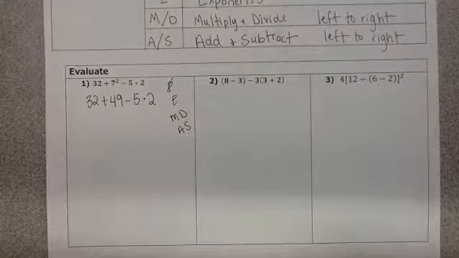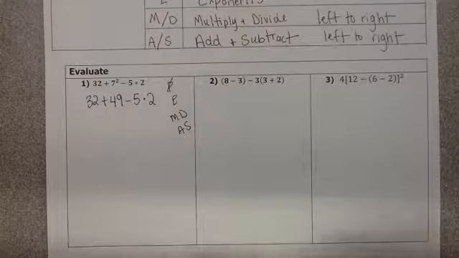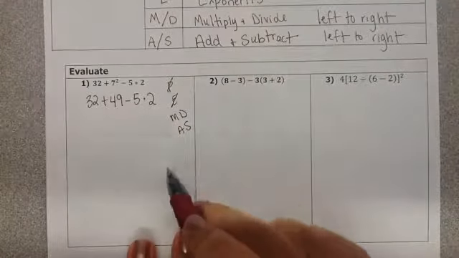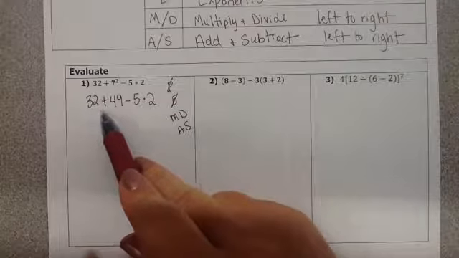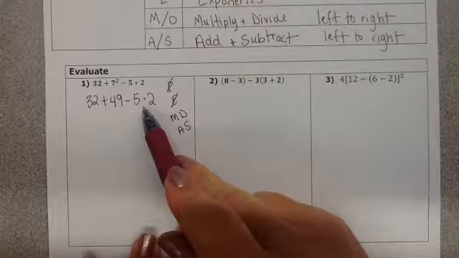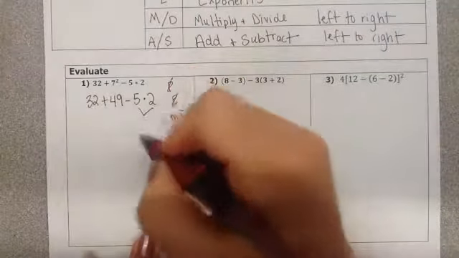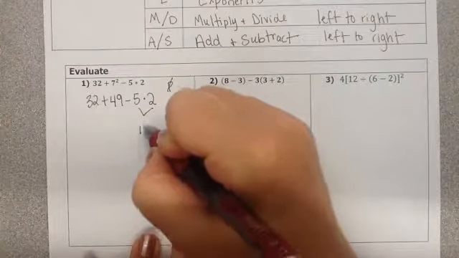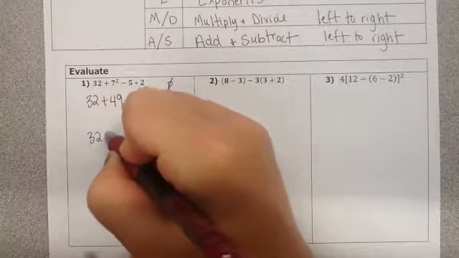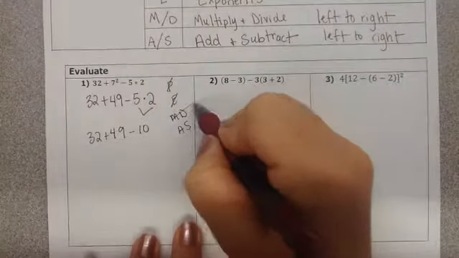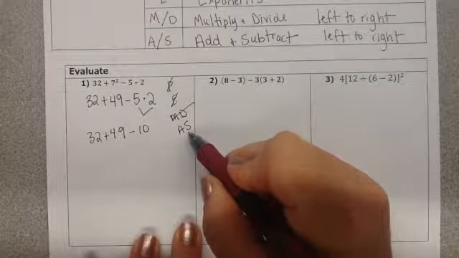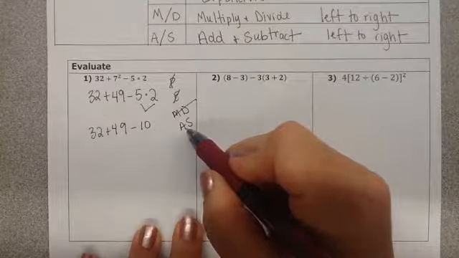I should see a lot of work. You should not be giving me just an answer. Multiply and divide, left to right. So start at the beginning. We have a multiplication, and that is 10. And lastly, we must add and subtract.